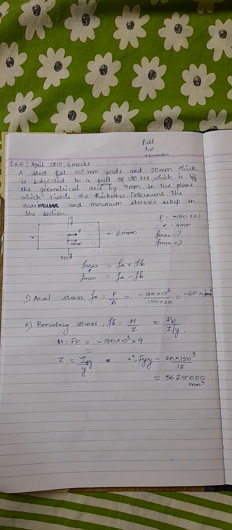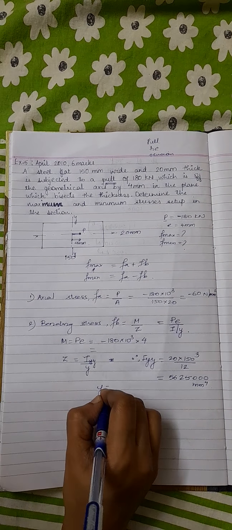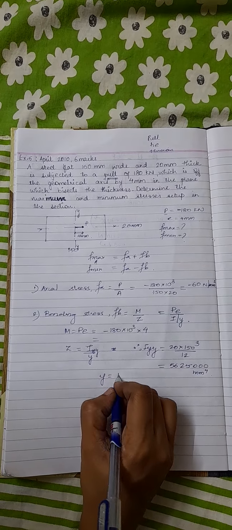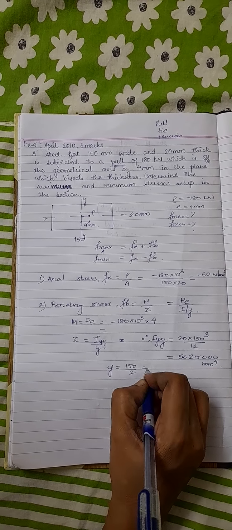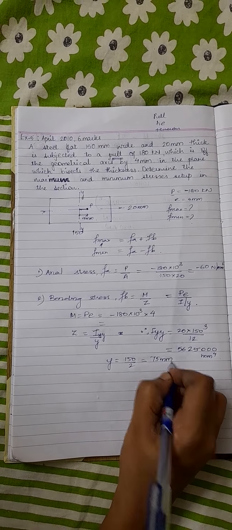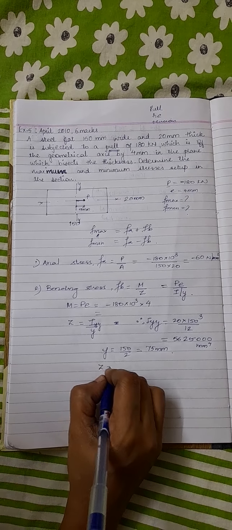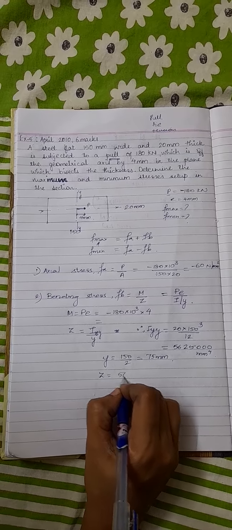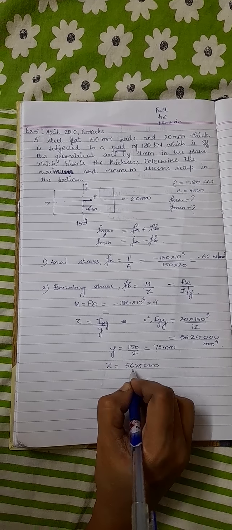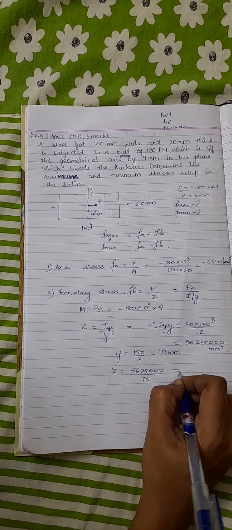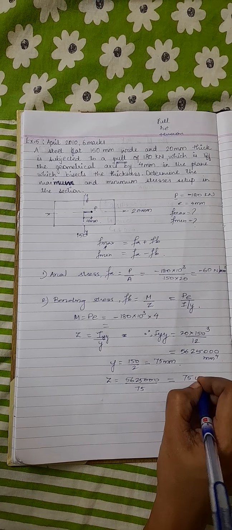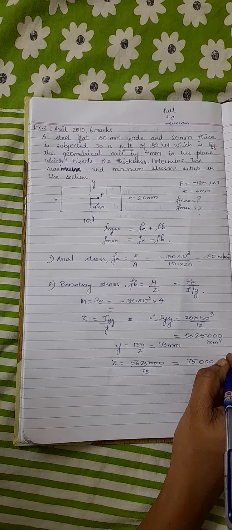Let me check. Y is equal to 150 divided by 2, so this is 75 mm. What is Z? Z is this value divided by this, 5625000 divided by 75, which is equal to 75000 millimeter cube.